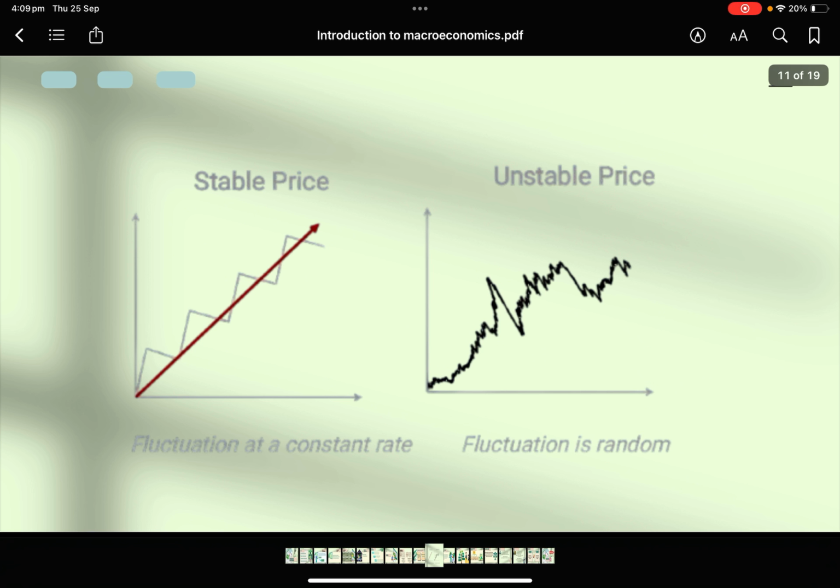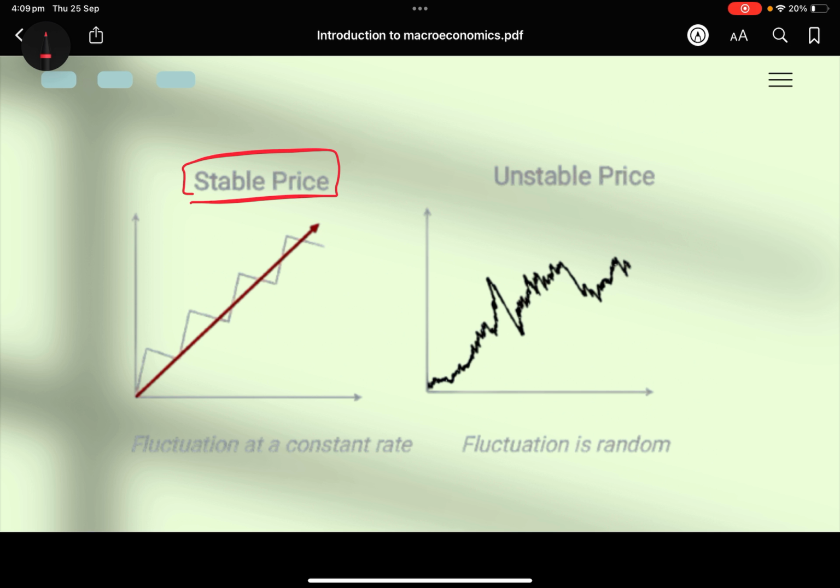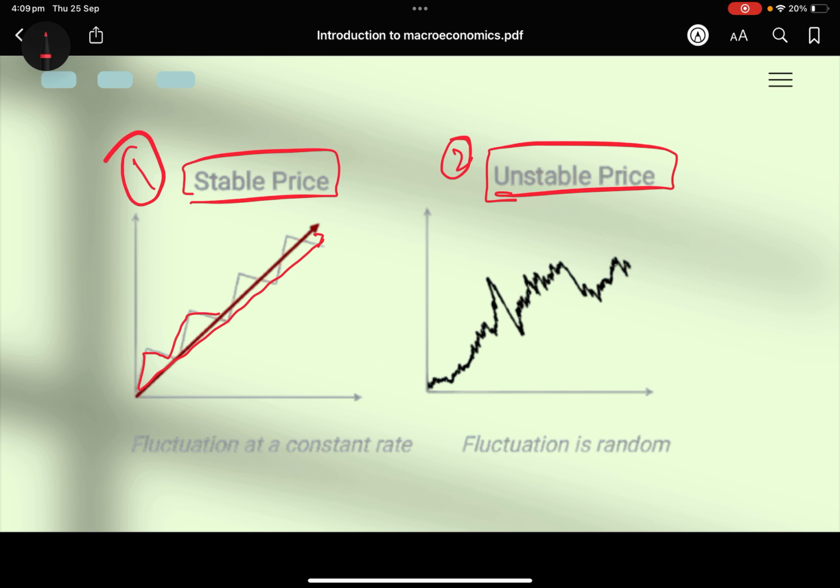So here are two graphs. The first graph is about stable price, whereas the second graph is about unstable price. Look at the trend of the graph. The first graph is rising, but the trend is very constant, whereas the second graph is following a random way.